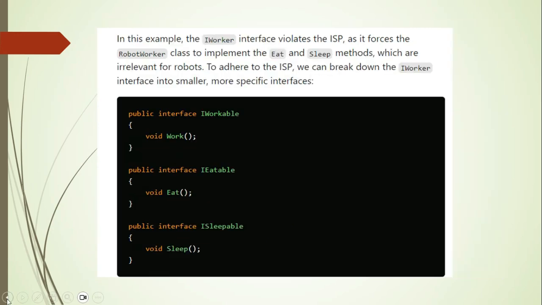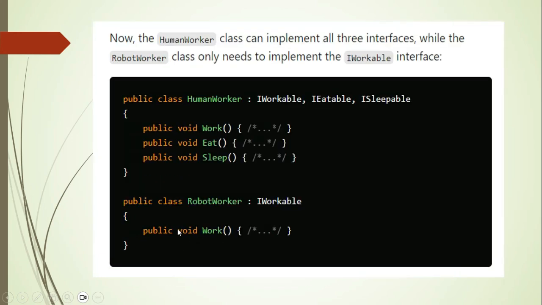And if you see iWorkable, the function defined here is iWork. So this means this robot worker will only implement the iWorkable behavioral method. So we have decomposed and we now follow the ISP.